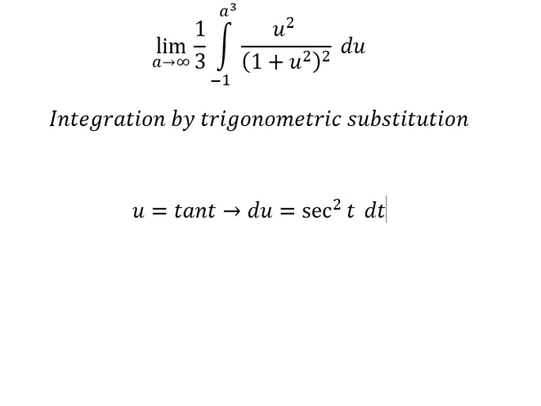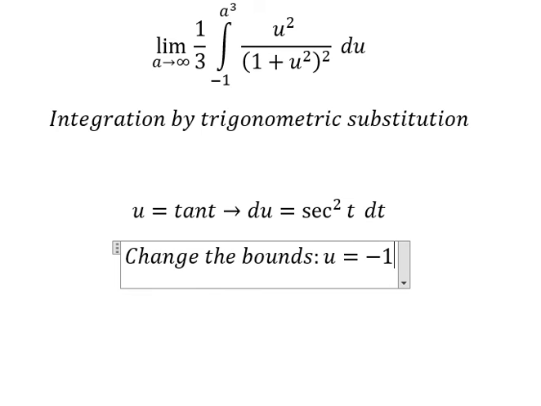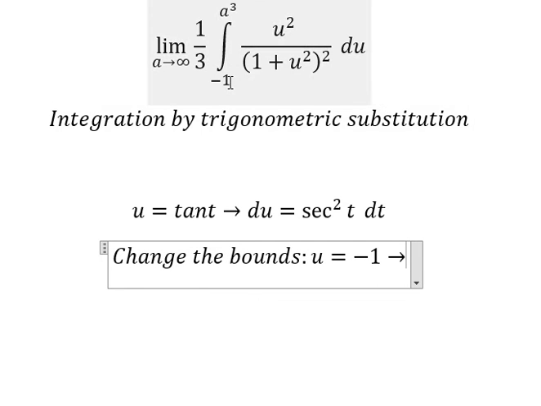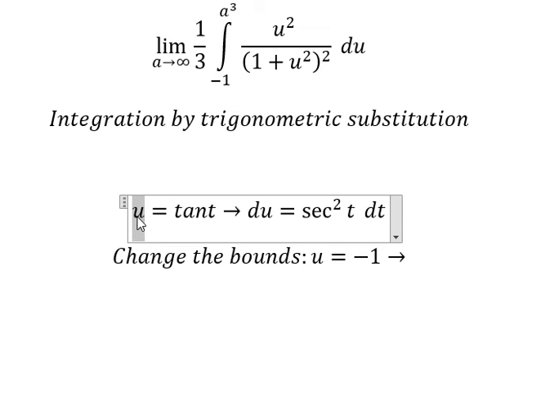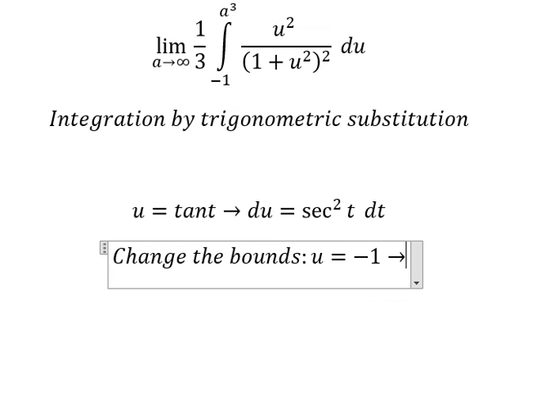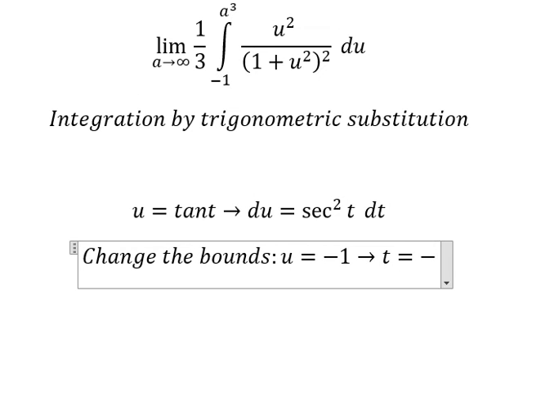Next, we need to change the bounds. When u equals negative 1, that is in here. So I will put negative 1 here, and we can find the value of t equals negative pi over 4.